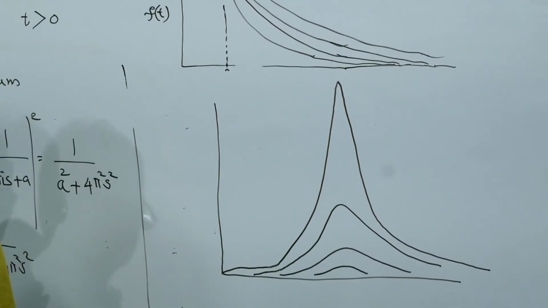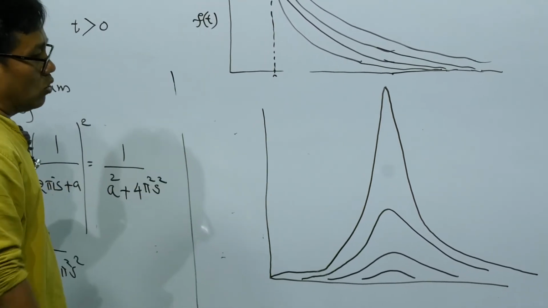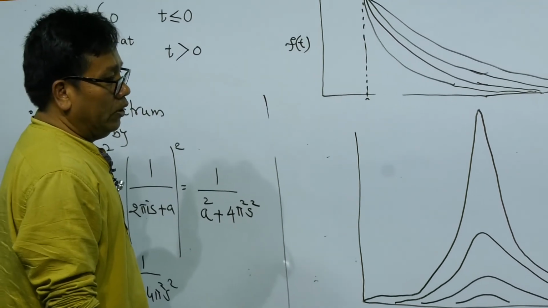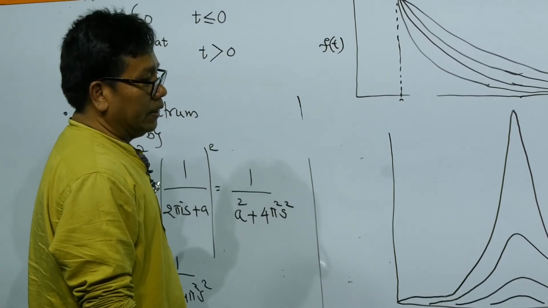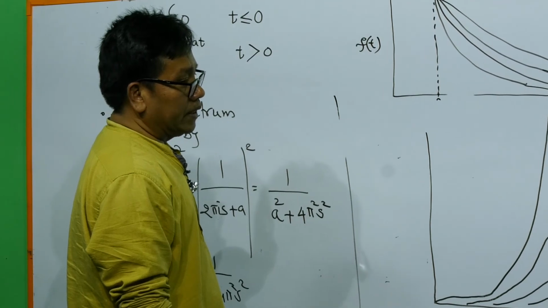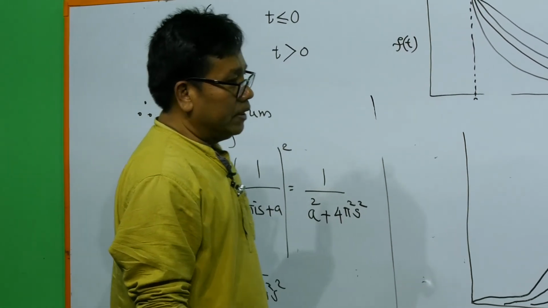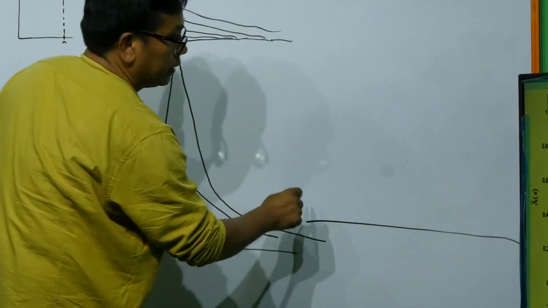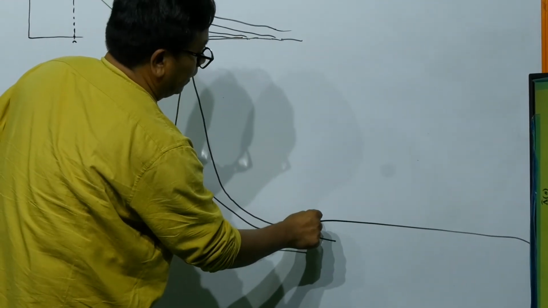And this is not actually the Gaussian function. It looks like the Gaussian function, but it is not so. This is the so-called Lorentz profile, and it is the shape of a bell curve. The Gaussian function will be like this.